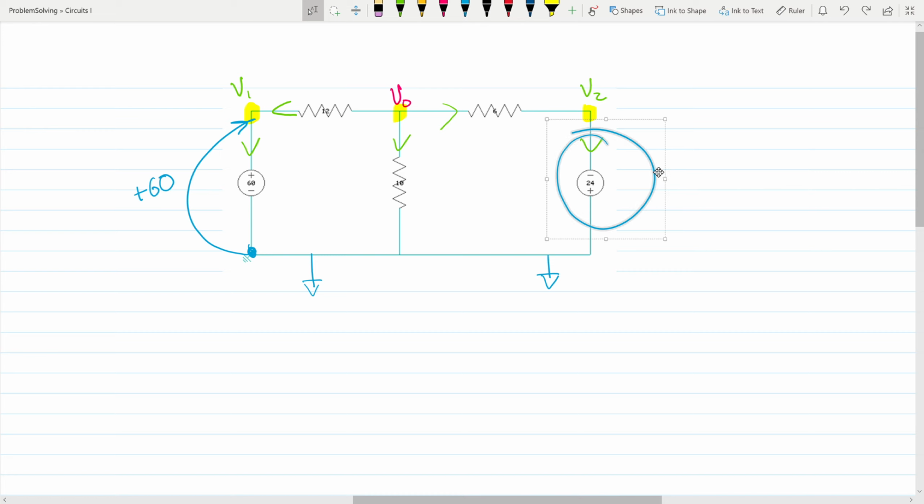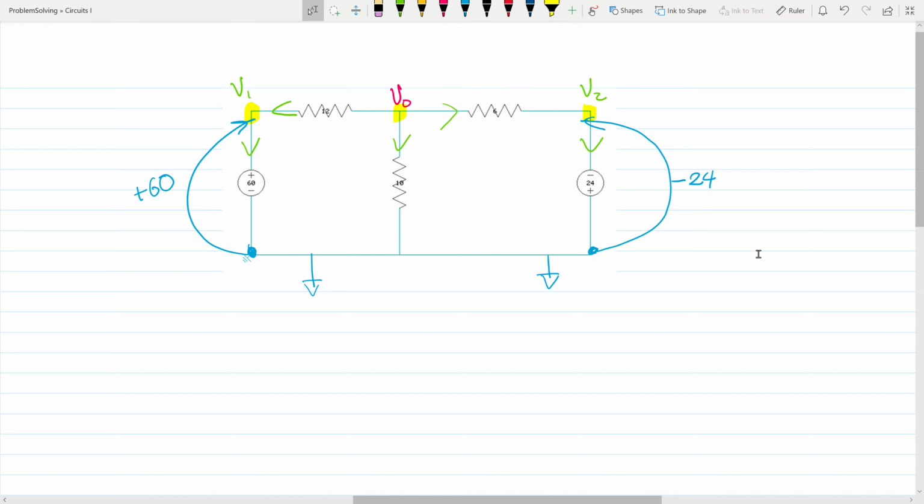Similarly, if we look at the other side here, if you start from here, which is 0, and work your way toward there, you're going to experience a voltage decrease of 24. I say decrease because you can see the negative sign is on the top. That's how you read it, whereas here the plus sign was on the top. So I grab the negative sign and also the magnitude of 24.